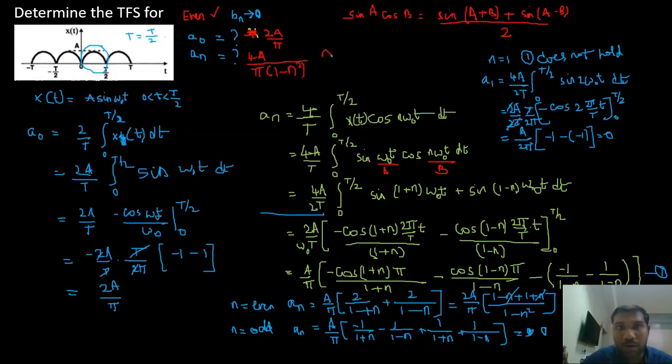This is for n is equal to even, and 0 for n is equal to odd. A1 is also 0, right? For n is equal to odd, it is 0.